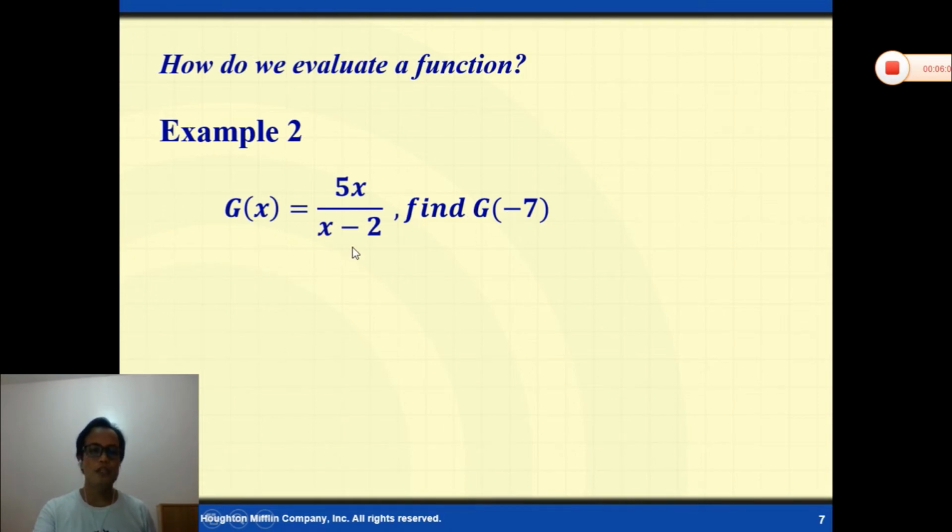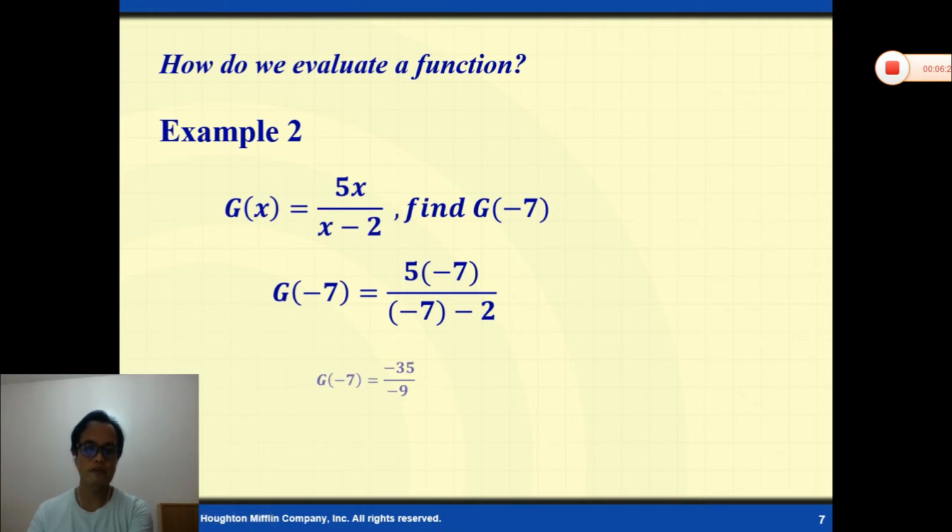Substituting negative 7 into this function, g of negative 7 is equal to, we copy 5. Instead of writing x here, we substitute negative 7. The same thing happens in the denominator. It becomes 5 times negative 7 over negative 7 minus 2.